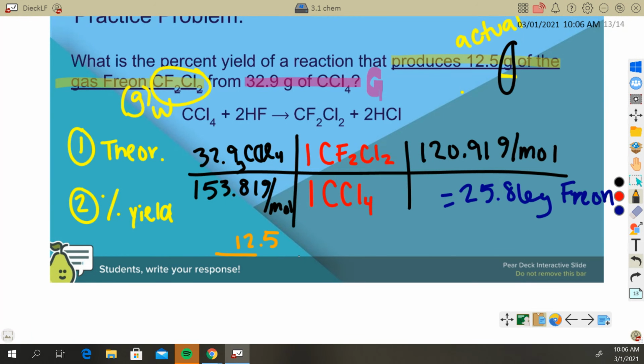We divide it by our theoretical, which is 25.86. We multiply that times 100%. That ends up giving us 48.3%. Is that a good percent yield? No. We want percent yield to be high or close to 100%. So that is not a very good percent yield. Something definitely went wrong in that lab.